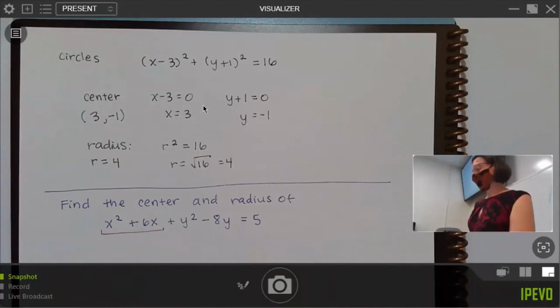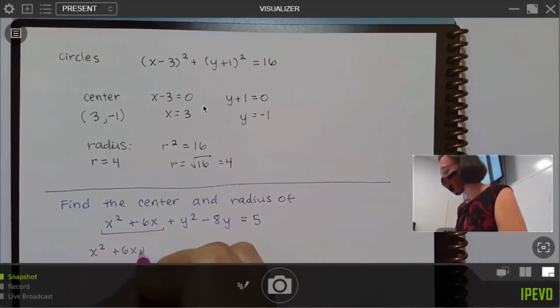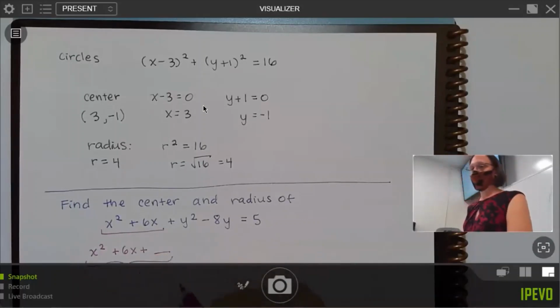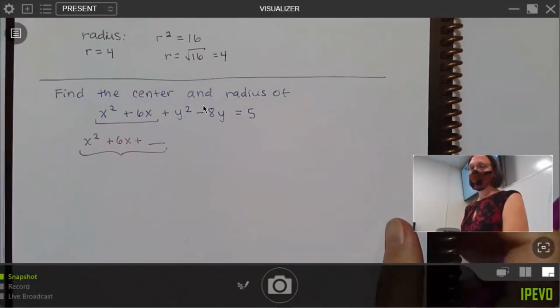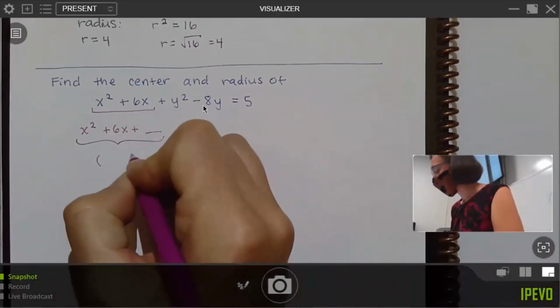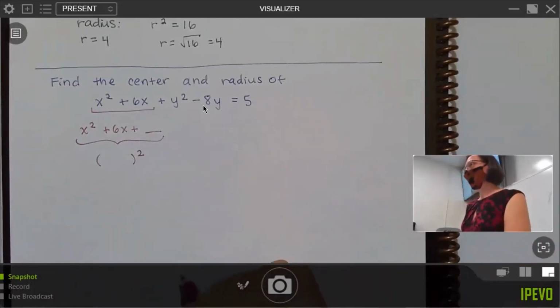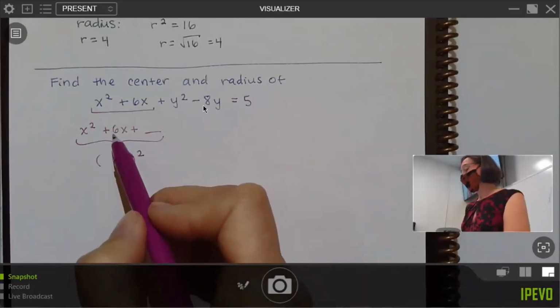There's a methodology to completing the square, but the idea is that I want x^2 + 6x plus something to give me a perfect square, like something squared. To get what the something is, I take half of the coefficient on x.